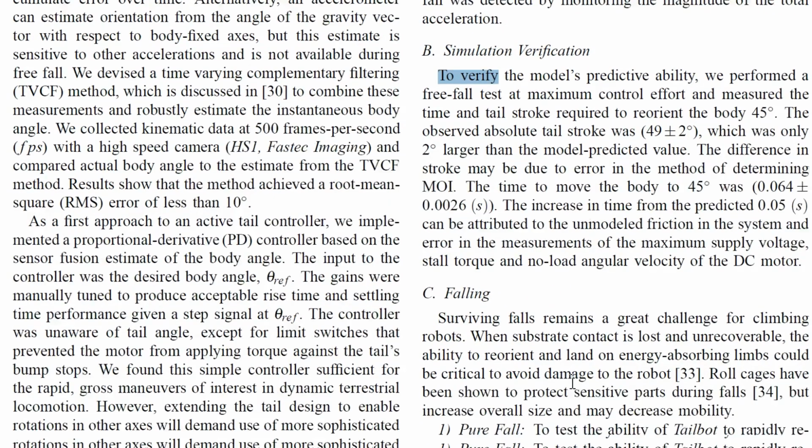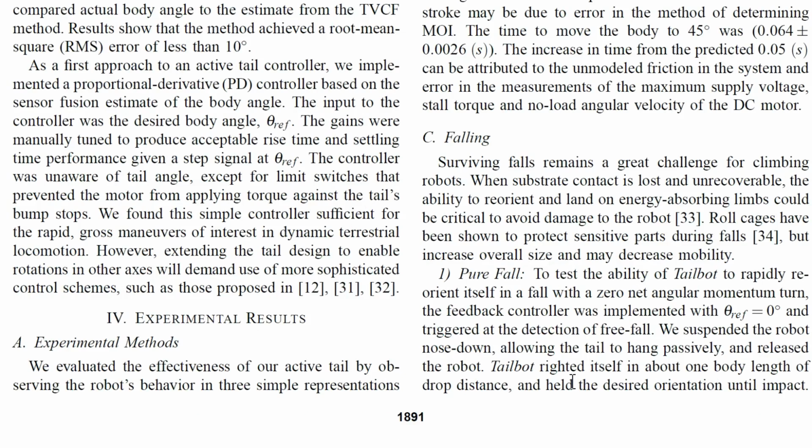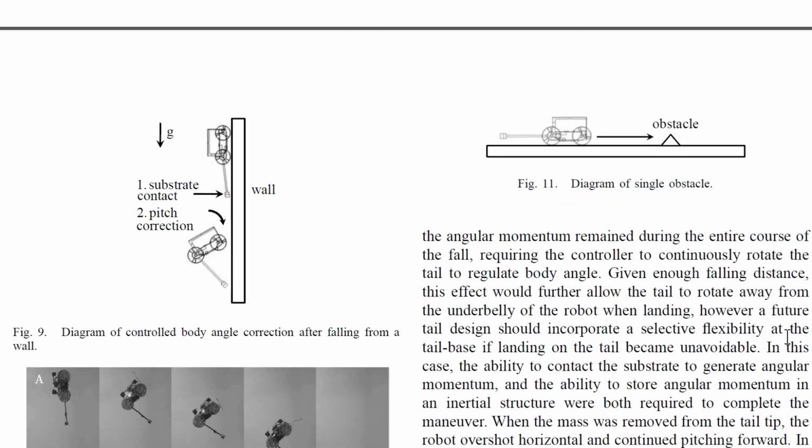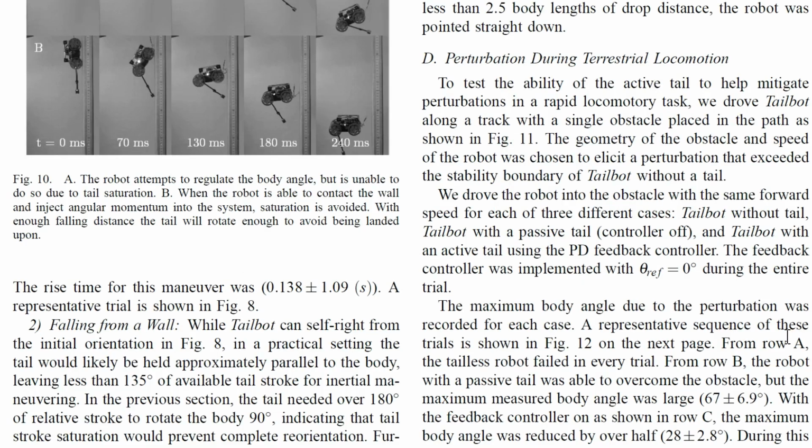They introduce falling, and so then to test whether or not it can work with a pure fall, we suspended the robot and then explain what the robot did. And here they use several figures to show.